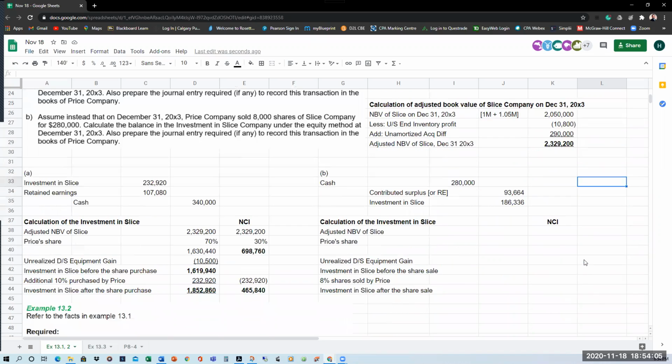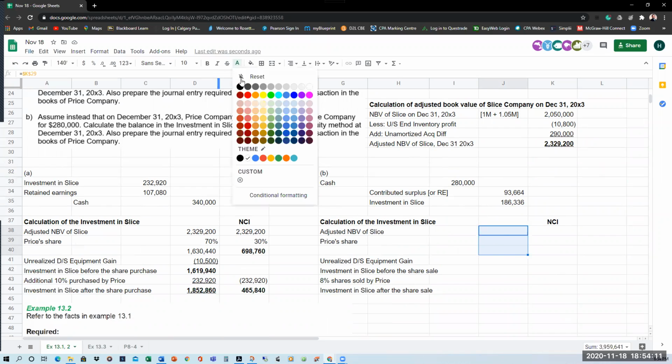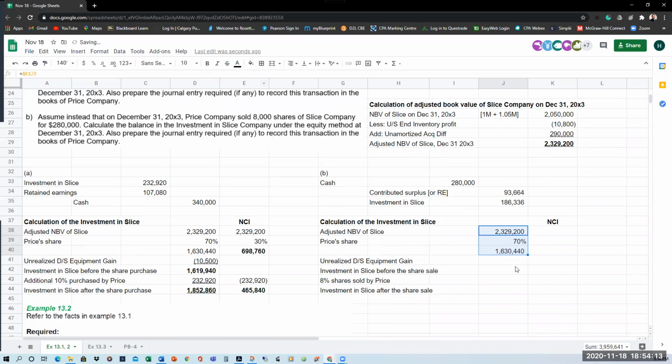Now, if we calculate the investment in Slice, well, before the shares were sold, the investment in Slice was 1,630,440. 70% is what Price Company owned. And there was an adjustment for the downstream equipment gain, 10,500. So before the shares were sold, the investment was worth 1,619,940.